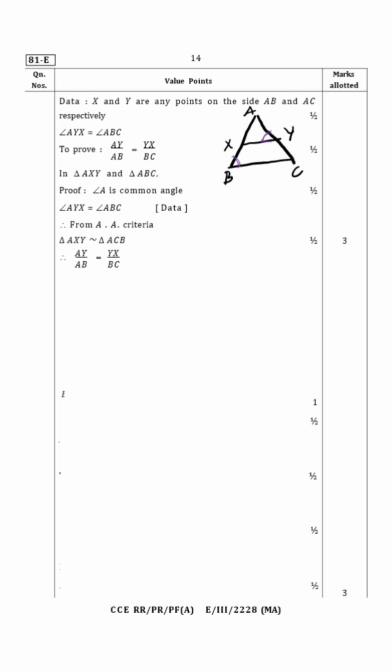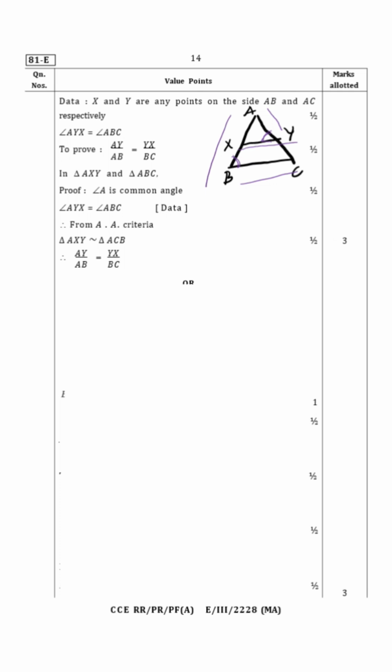Therefore, AY by AB is equal to YX or XY by BC. Hence proved.